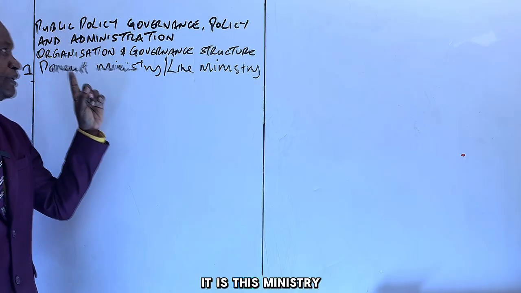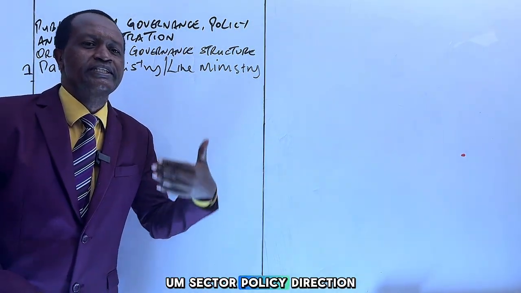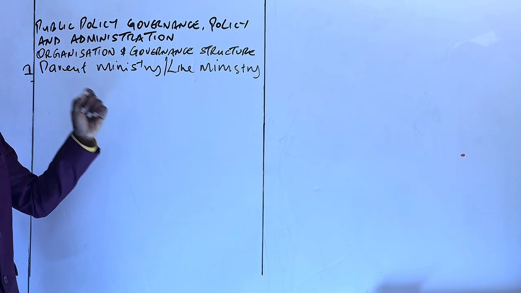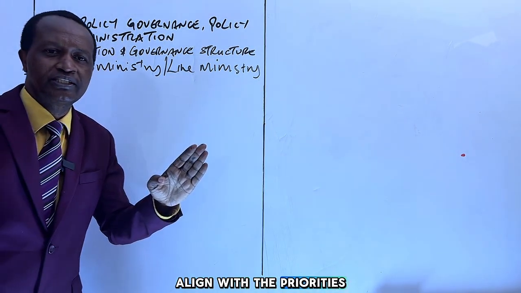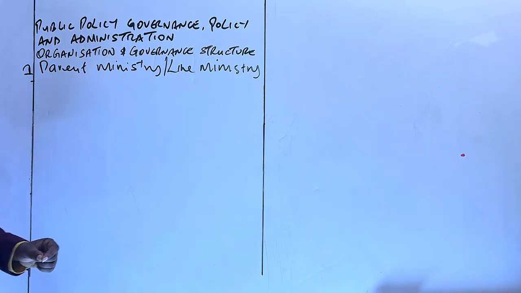It is this ministry that sets sector policy direction, such that each and every public enterprise has to align with the priorities that are set or the direction that is given by the line ministry.